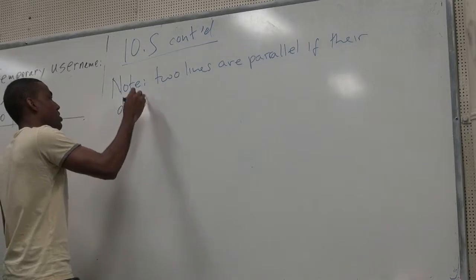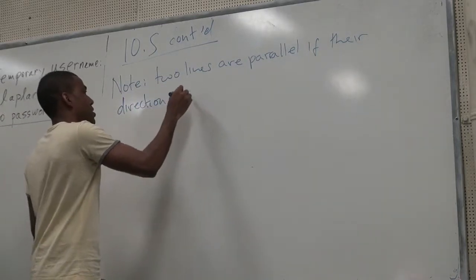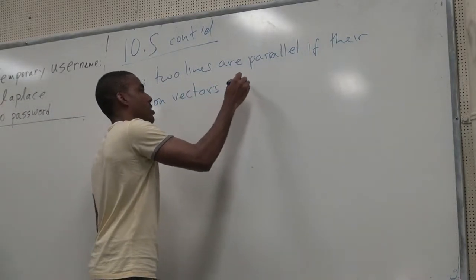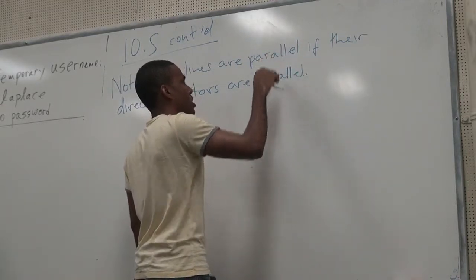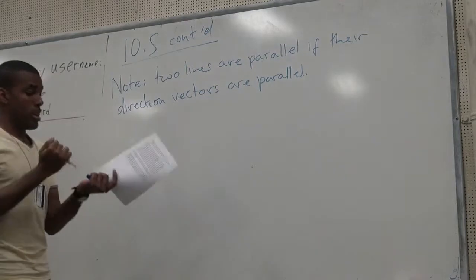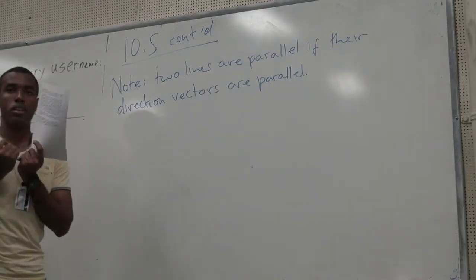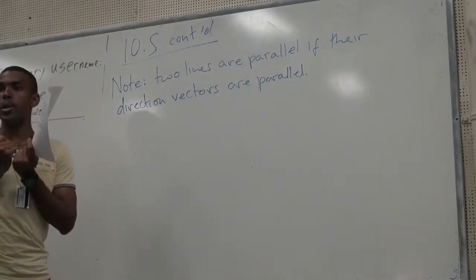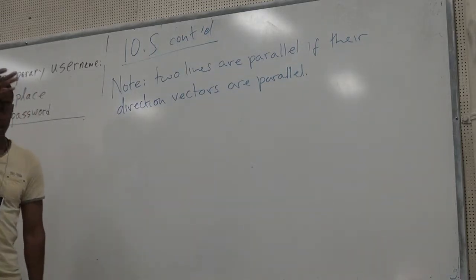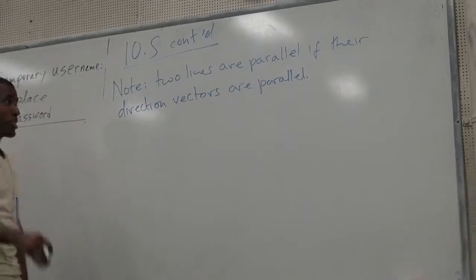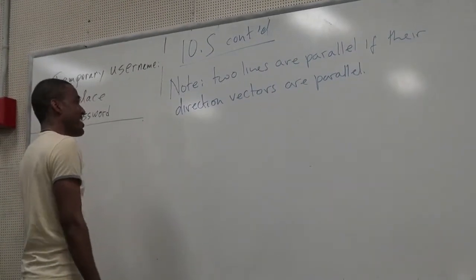Their direction vectors are parallel. And how do you know if two vectors are parallel? Scalar multiples of each other. One is a scalar multiple of the other, correct, right? You don't have to do cross products or anything. You sort of want to avoid cross products if you can, because they're annoying.